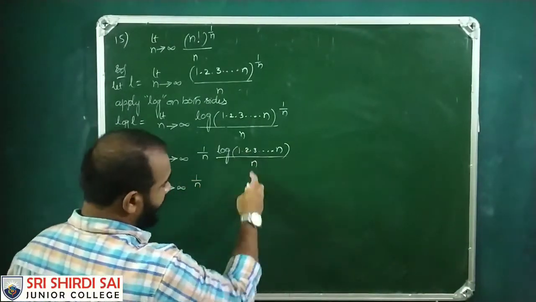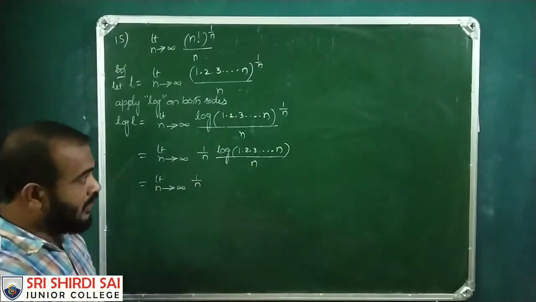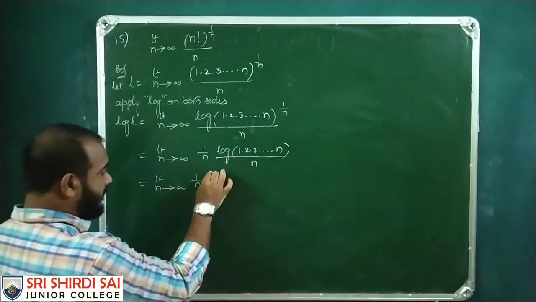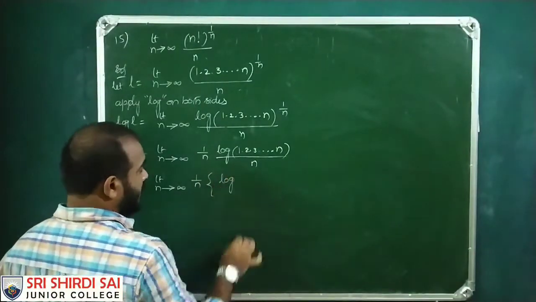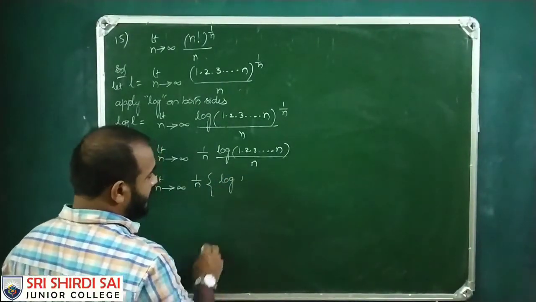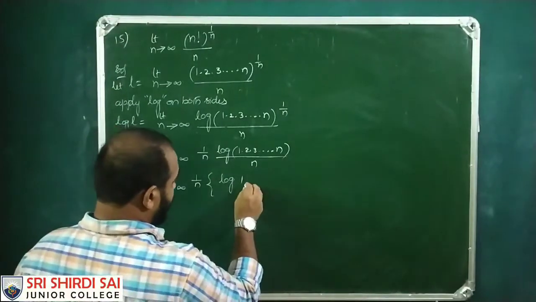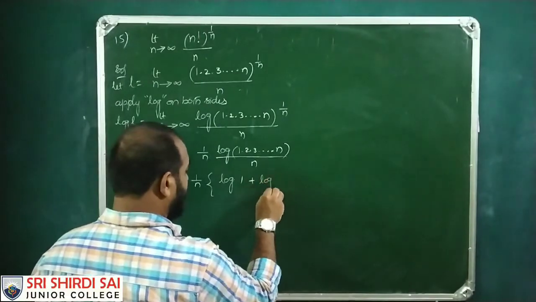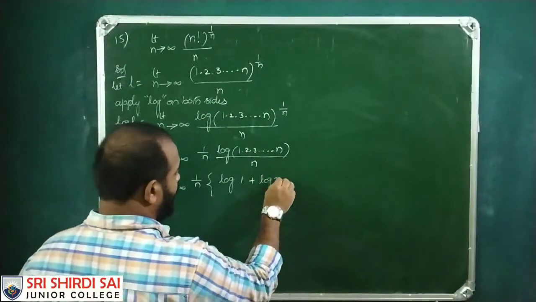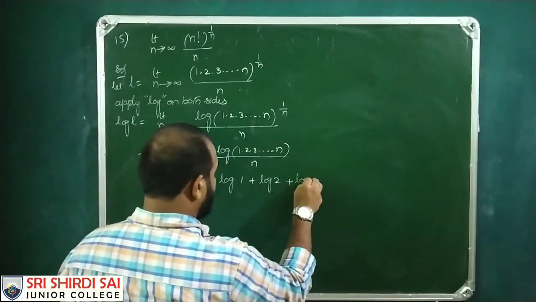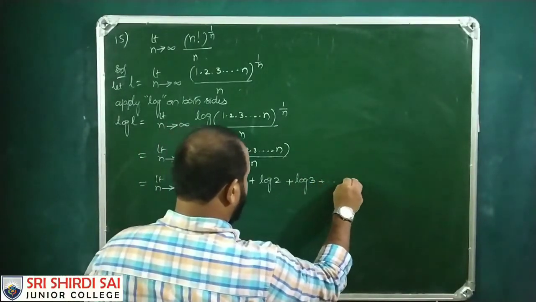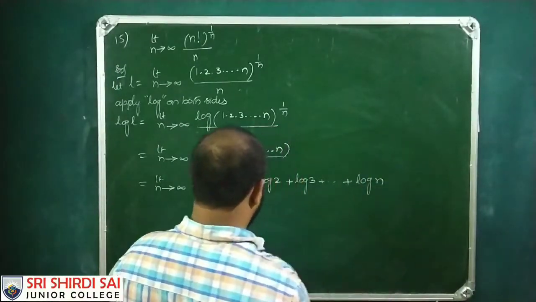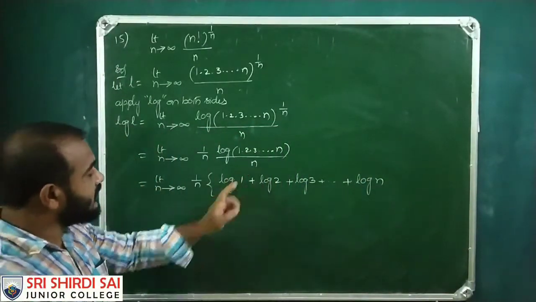Log AB is log A plus log B, so log ABC is log A plus log B plus log C. Likewise, this is log 1 plus log 2 plus log 3 plus and so on plus log n, by n.